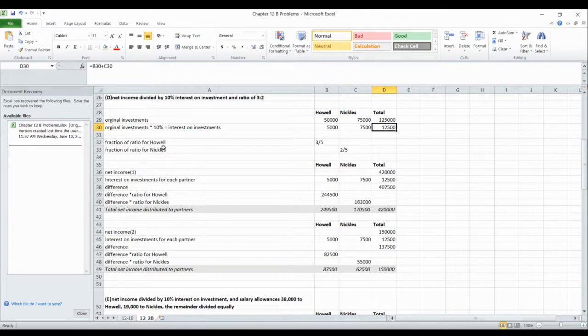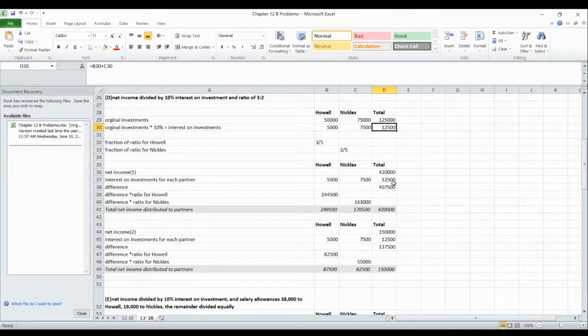What we need to do next is determine the net income. Remember, there were two net incomes from Cengage. Net income number one is $420,000, and net income number two is $150,000. So we're working with $420,000 net income first. What we have to do is determine the total interest from the investments.